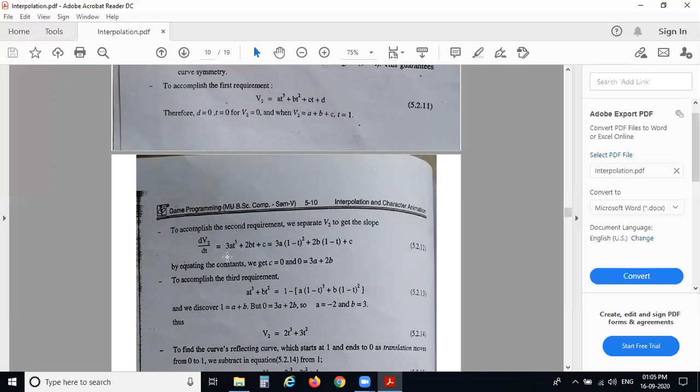So the first term is at cube, then the derivative of this term is 3at square. Okay, 3at square plus, by mistake here 3 is printed, so this term is 3at square, plus the derivative of bt square is 2bt, then the derivative of ct is c, and the derivative of d is 0.